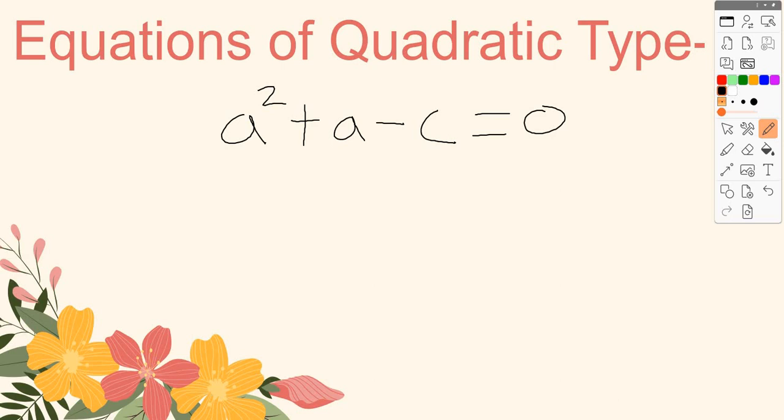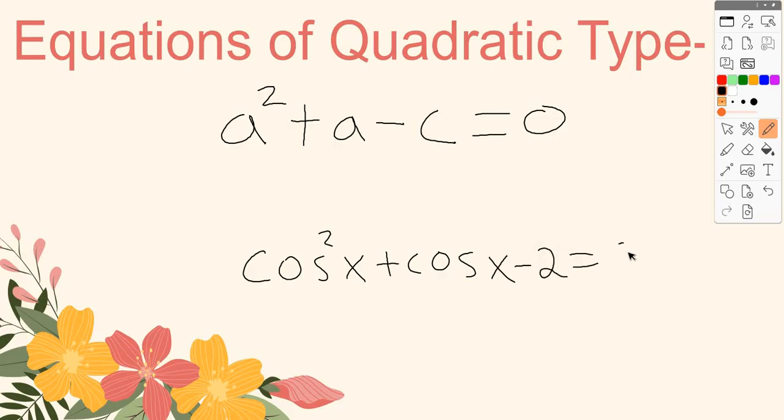Normally for us that variable has been a variable, but we can also see it as a sine or a cosine. So if I have something that looks like that, I still have a quadratic there, even though what's acting like my variable is cosine this time instead.